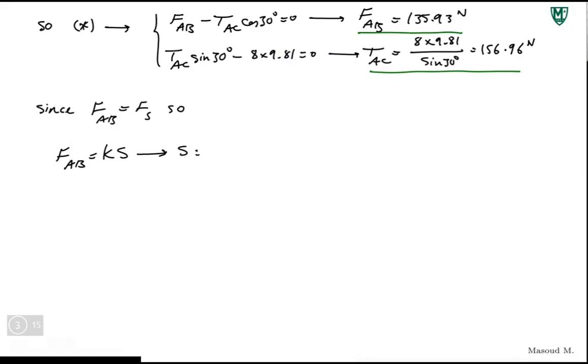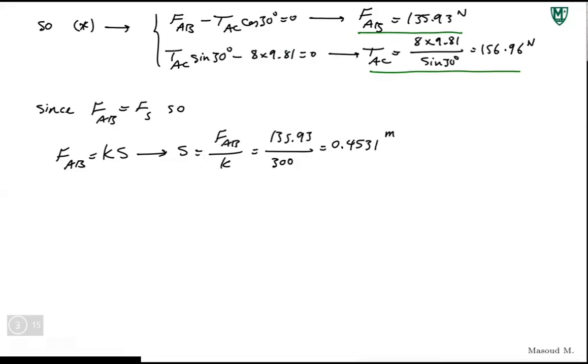From there, I can find S. I can say S is equal to FAB over K. I found FAB, 135.93, divided by K, which is 300, the stiffness of the spring. This gives me the value for S, 0.4531 meter. So I find the value for S.